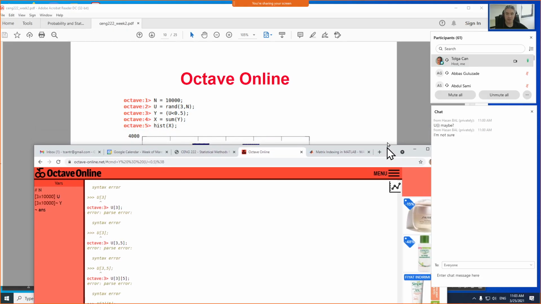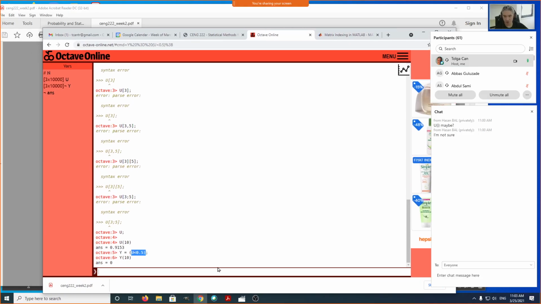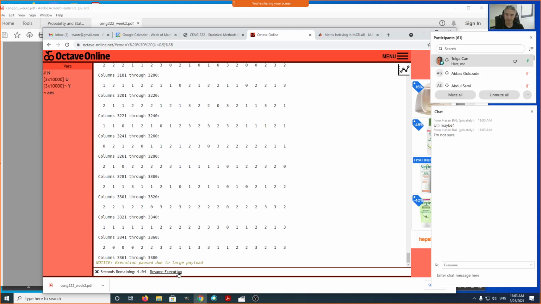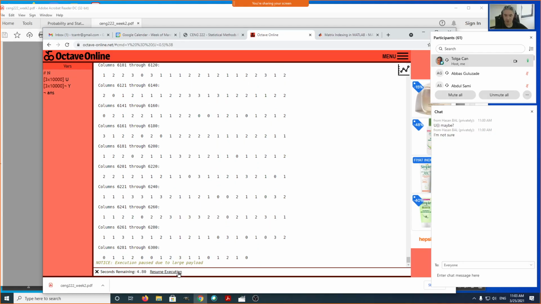Here, when you say x is equal to the summation of the elements in y, it goes over all of those 10,000 elements. Since I didn't put a semicolon at the end, it's also displaying all the elements.